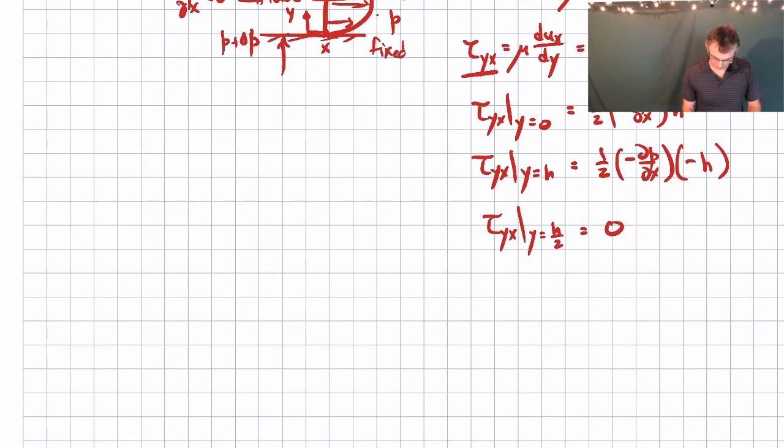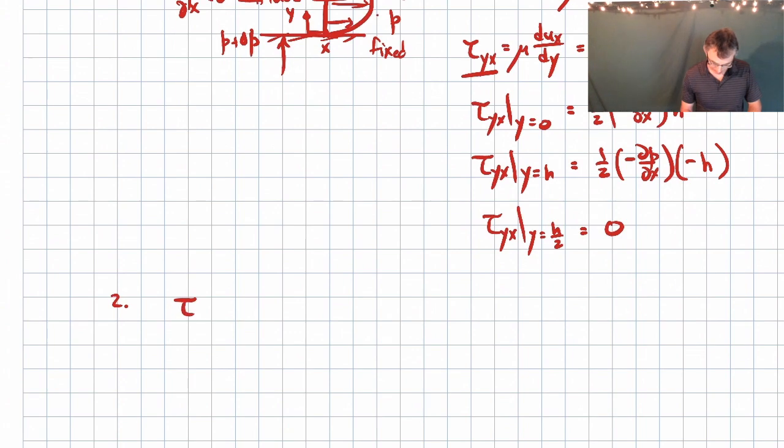Number 2 is I've written the shear stress just as being like tau yx equals mu dux dy. It's actually a little more complicated than that. The real relationship between the velocity gradients and the stresses looks like this.